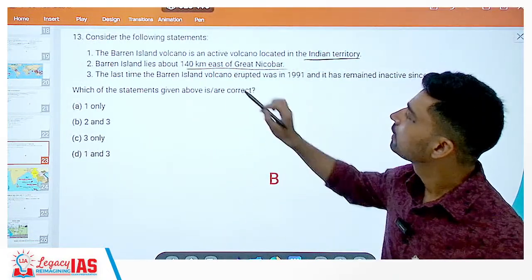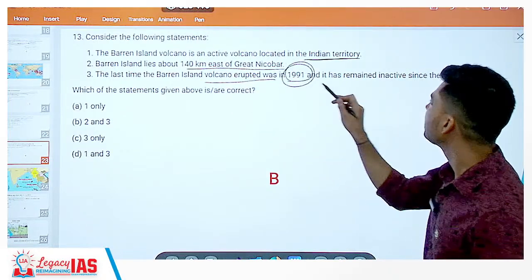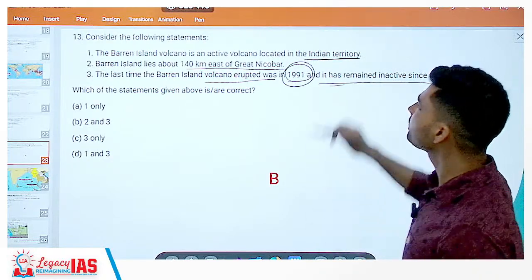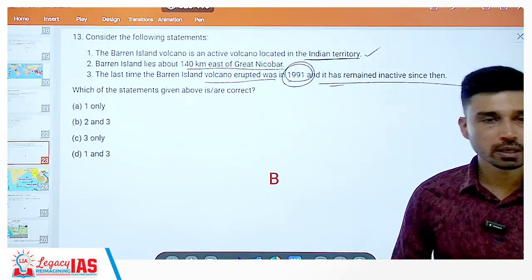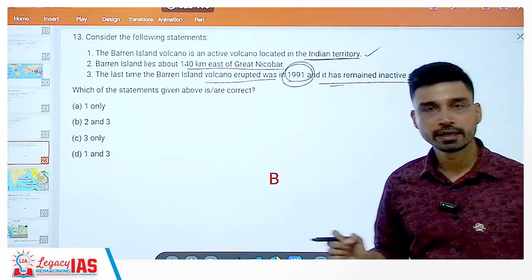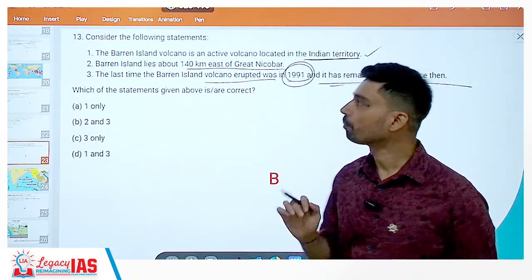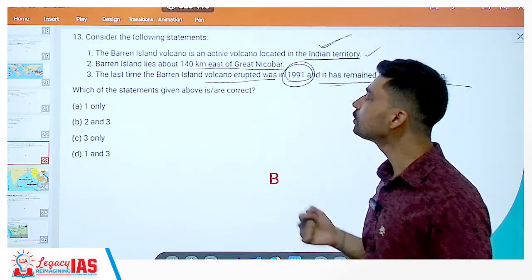And third, the last time the Barren Island volcano erupted was in 1991 and it has remained inactive since then. The first statement is correct, because Barren Island is the only active volcano in India and it is situated in the Andaman and Nicobar Island group.